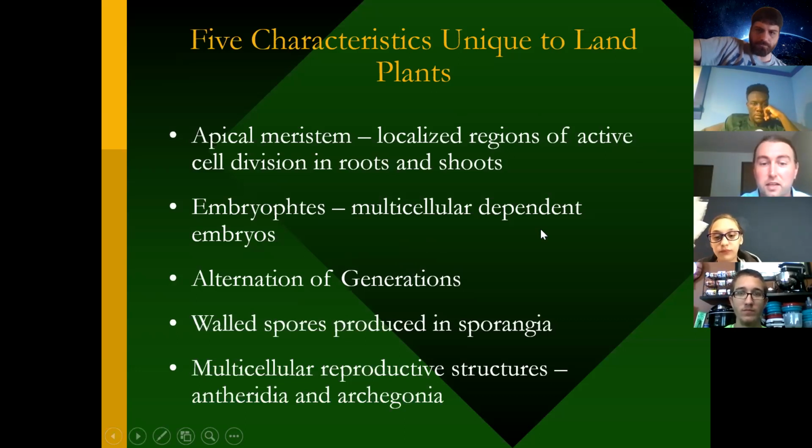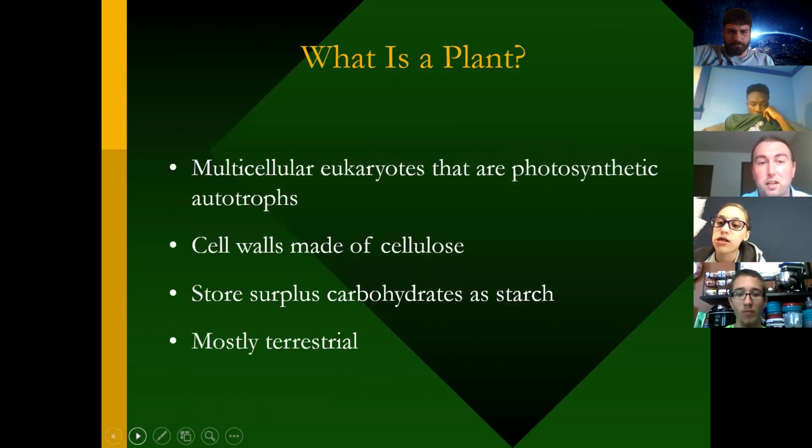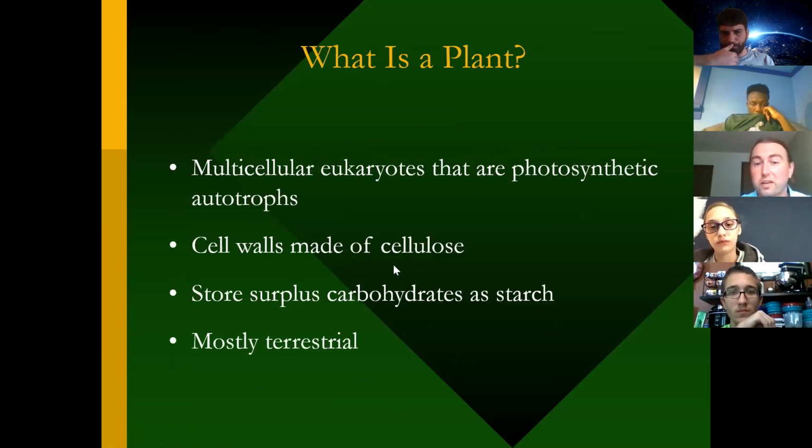That's what we're seeing plants developing: things like walled spores to protect their seeds or multicellular reproductive structures that allow them to procreate. So what is a plant? Once again, these are part of their adaptation. A multicellular eukaryote that is a photosynthetic autotroph. Now that's a lot of words, I know, but we're going to unpack that.